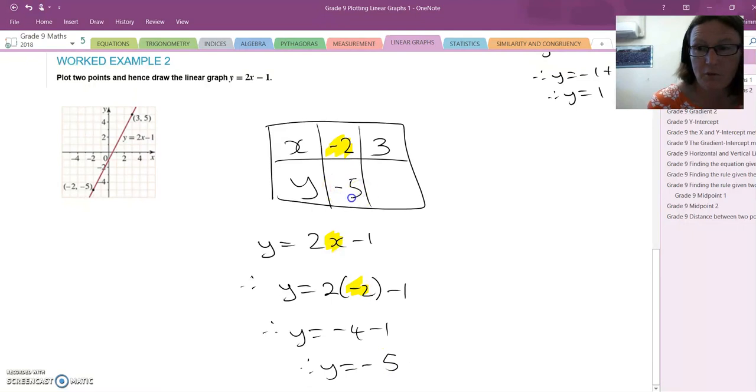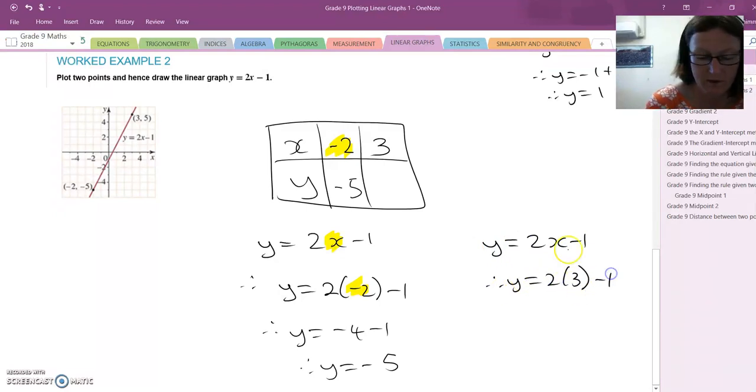So I've found my corresponding y value. In the next case, y equals 2x, subtract 1. This case, x is 3, so 2 lots of 3, subtract 1. So again, what I've done, x is 3, instead of x, I've put 3. 2 lots of 3 is 6, 6 subtract 1 is 5.